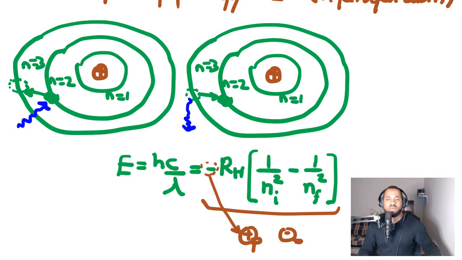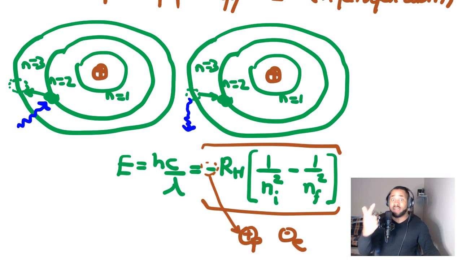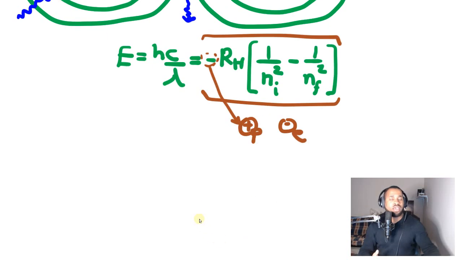So in here we are going to be focusing on this particular expression because we have a constant, we have our n initial, and we know that our n initial is going to be equal to 3, and our final energy level is going to be 2.